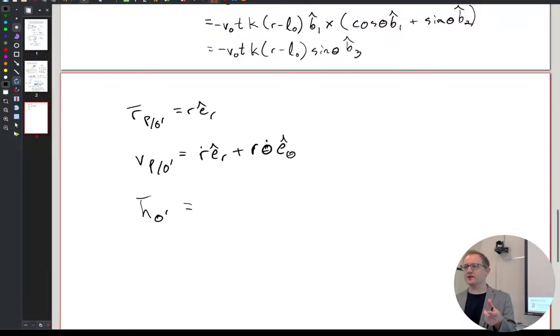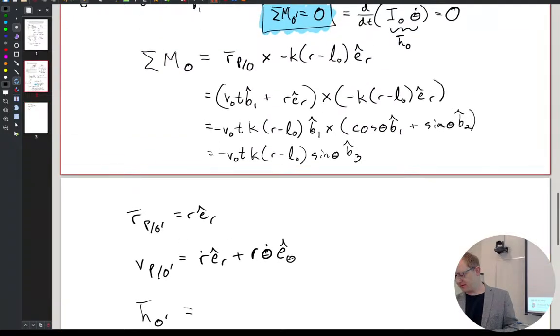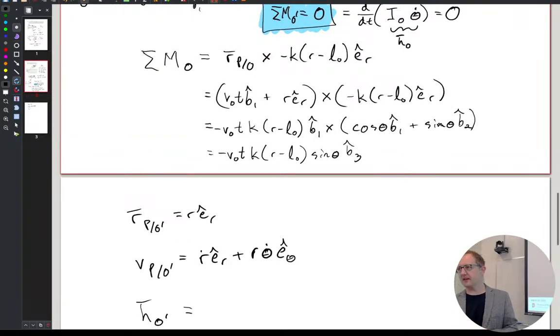Yeah, that's its rotational inertia. MVR, something like that. I omega, yeah.